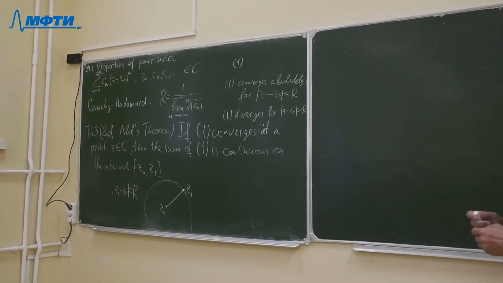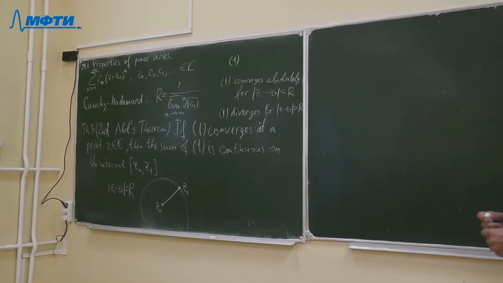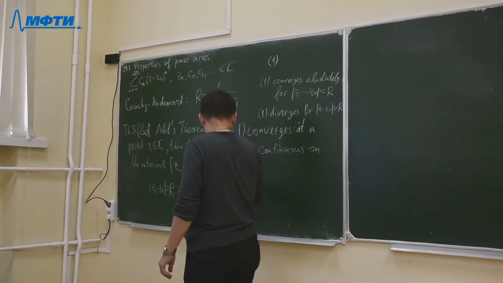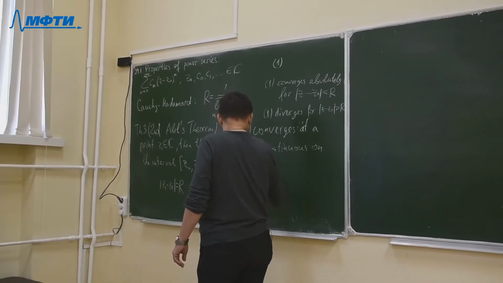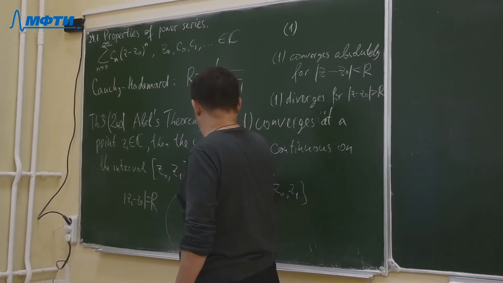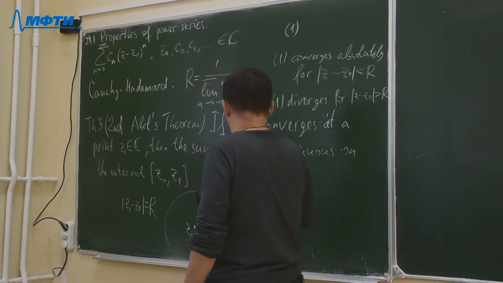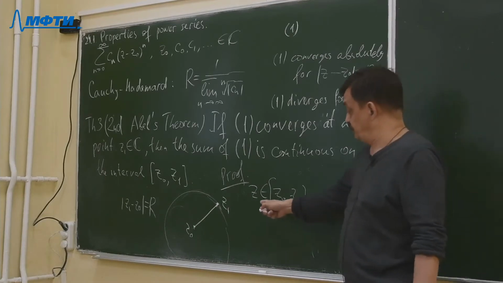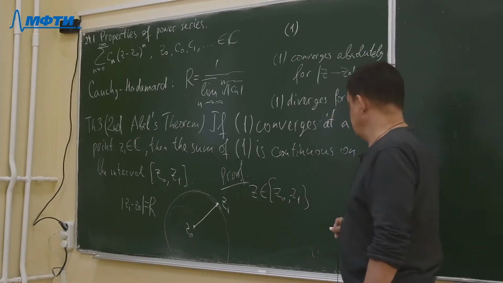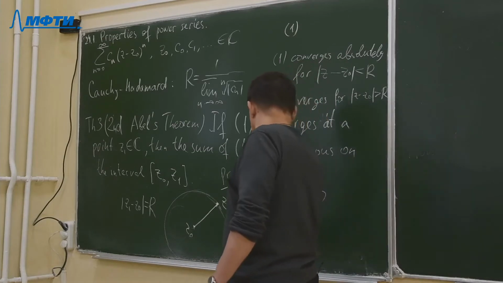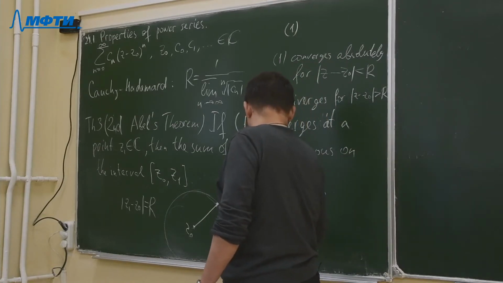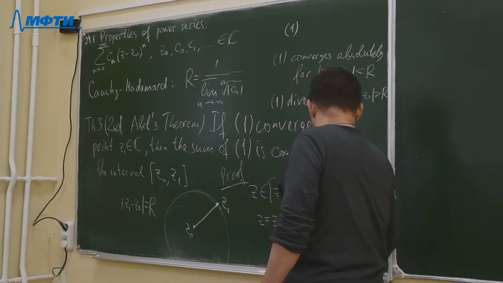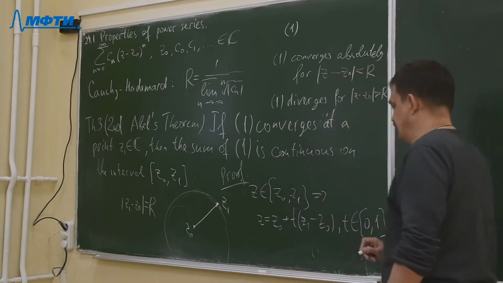So how to prove it? Arbitrary point of the interval. Okay, I forgot to write that we start the proof. If we take an arbitrary point of this interval, then we can write it as z equals z0 plus t times z1 minus z0, where t is in the interval 0, 1.